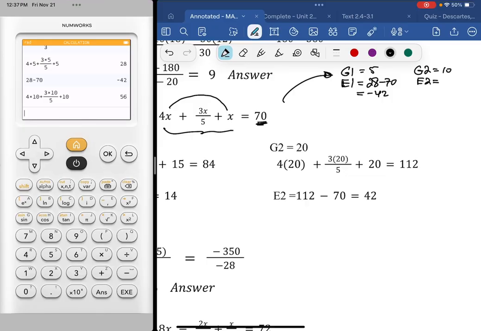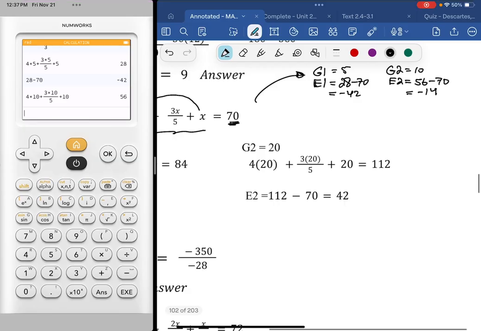E2 is going to be 56 minus 70, which is going to be negative 14. All right. So x is going to be negative 42 times 10 minus negative 14 times 5 over negative 42 minus negative 14.